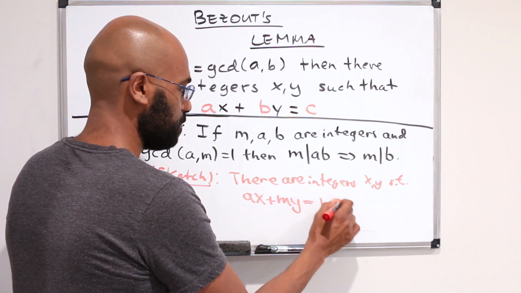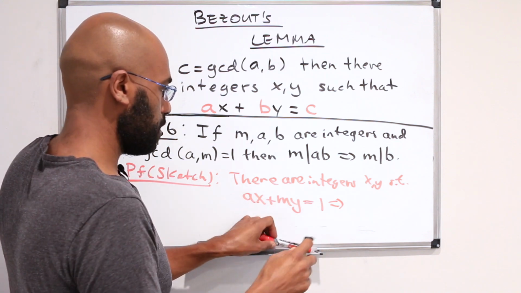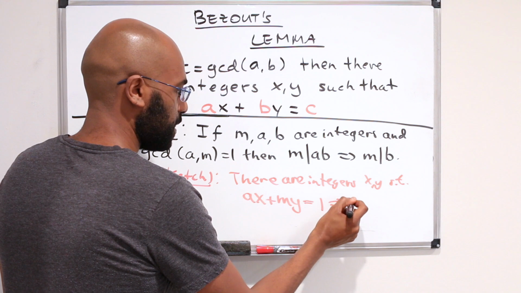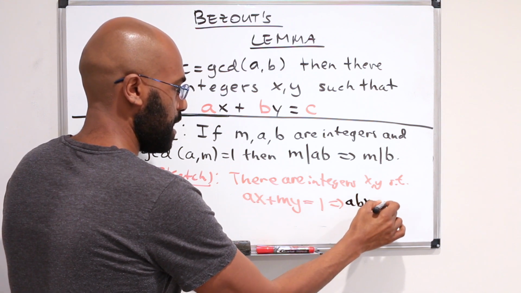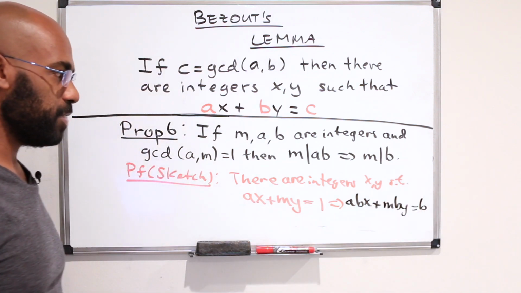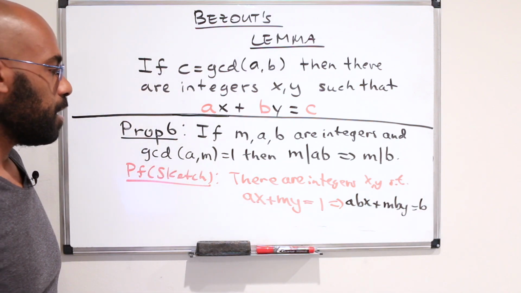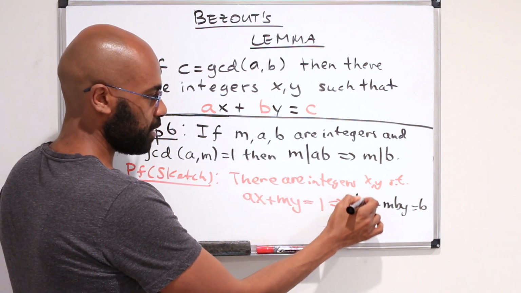So we can say this implies abx plus mby is b, multiplying everything here by b. Okay, so the information we're given here is that m divides this quantity.